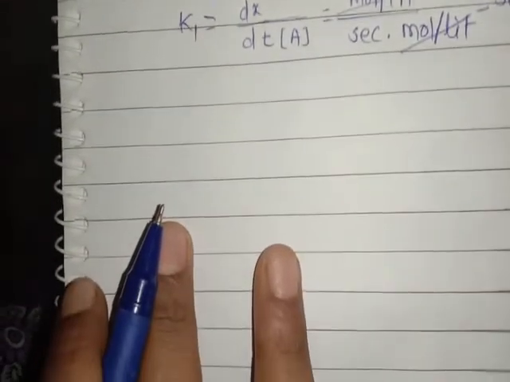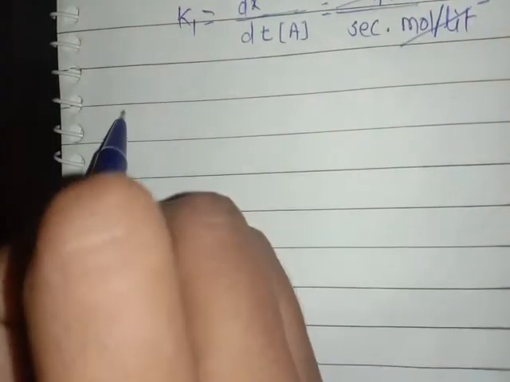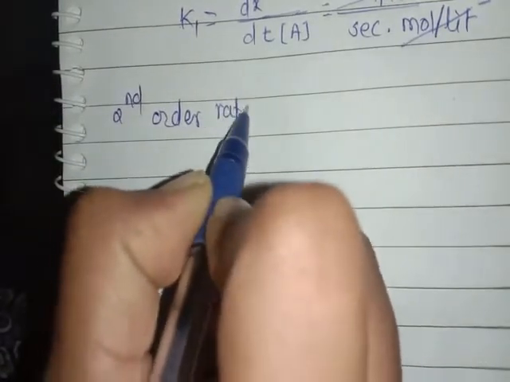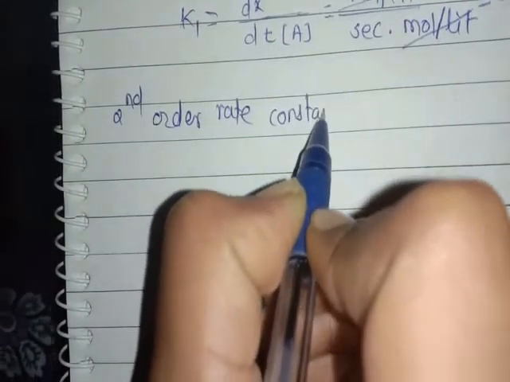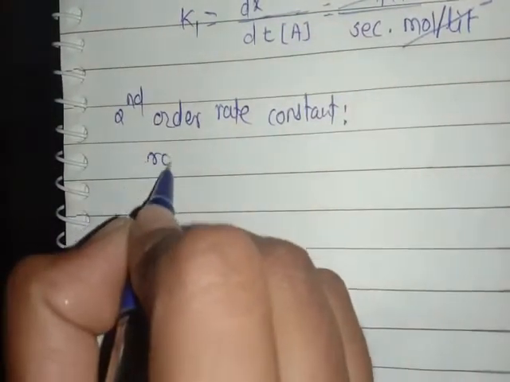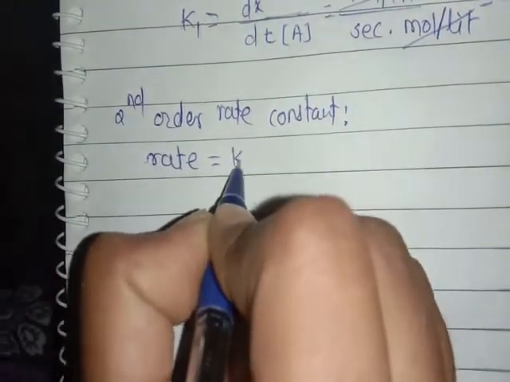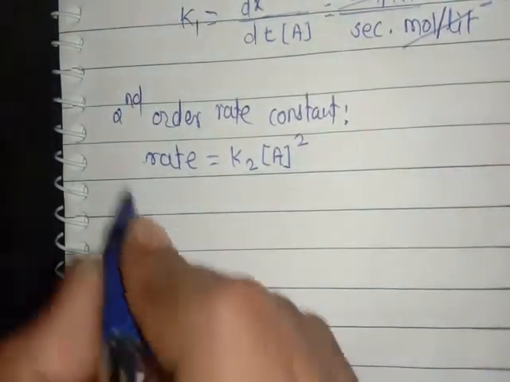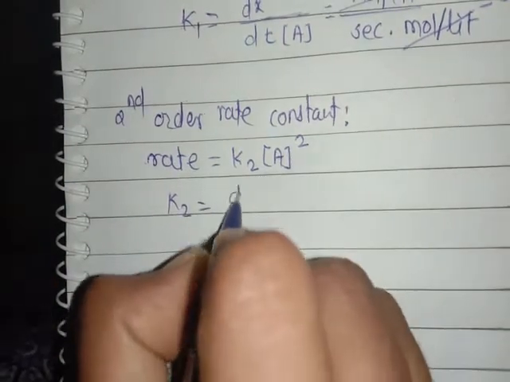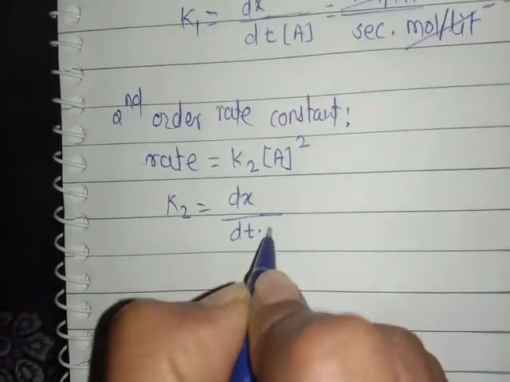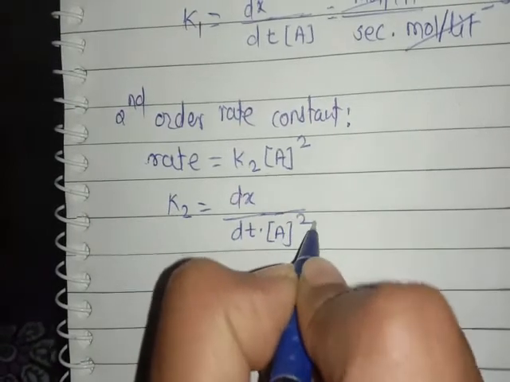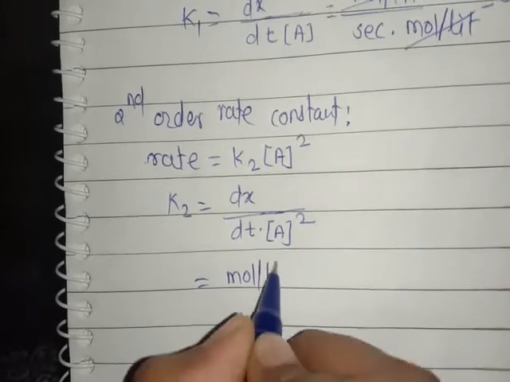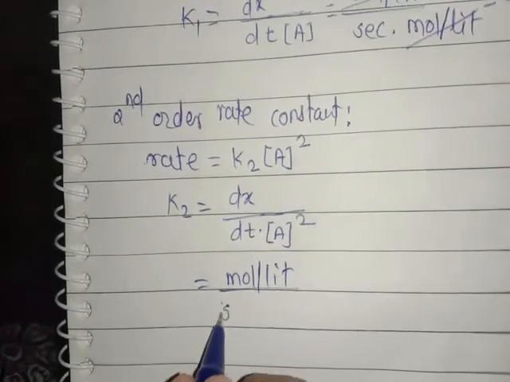Same thing we have to do for the second order rate constant. Okay, so rate is equal to K2 into concentration of A to the power 2, right? So K2 is equal to what? Again dx upon dt into concentration of A raised to the power 2. Therefore this is in moles per liter upon second.